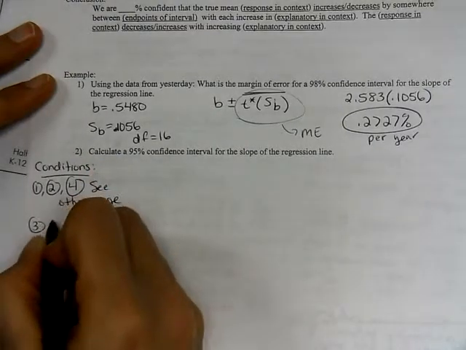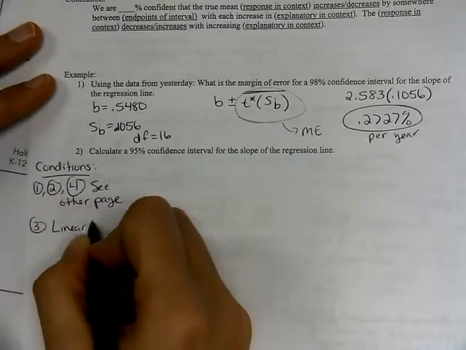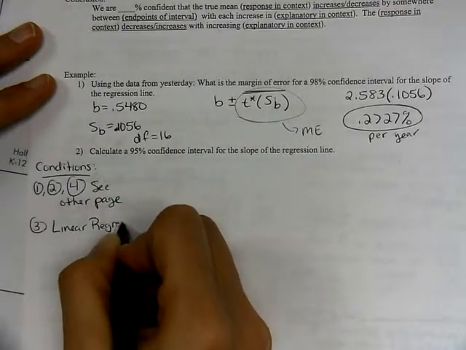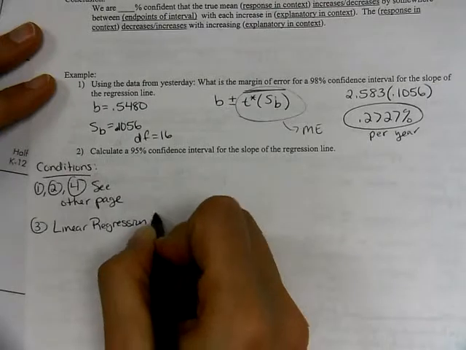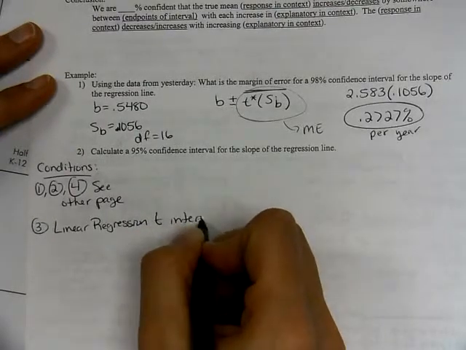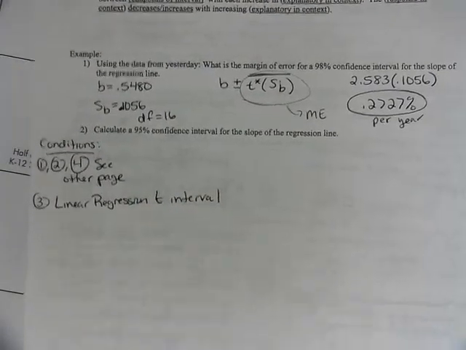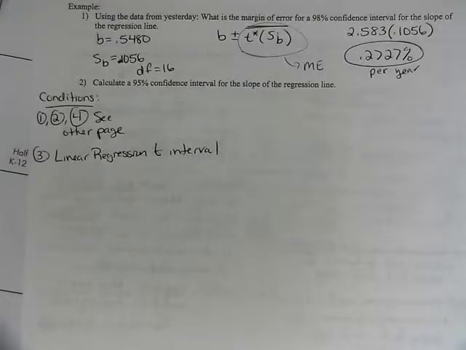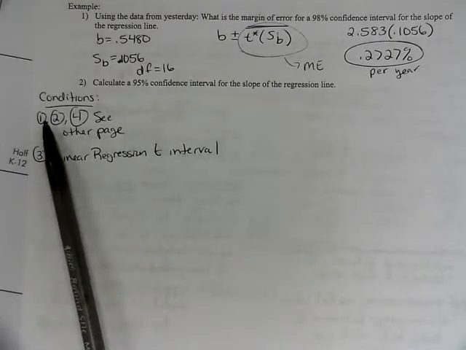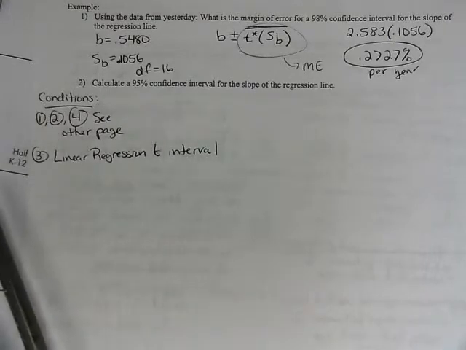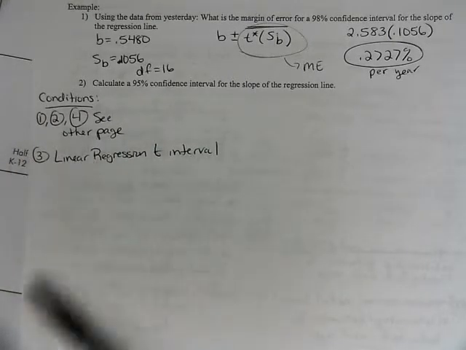But this time we're going to do a linear regression t-interval. Like on your test or on the AP test, sometimes it'll do 2 inference procedures in one problem. When you have that, for conditions 1, 2, and 4, you can just say like C above or C whatever. And then just make sure you name your test.